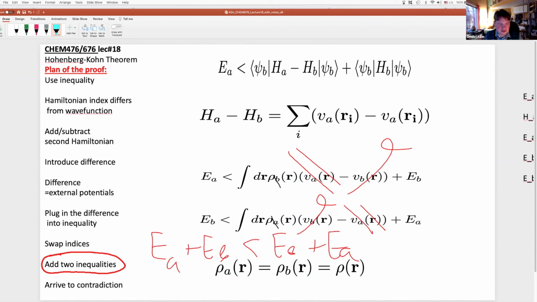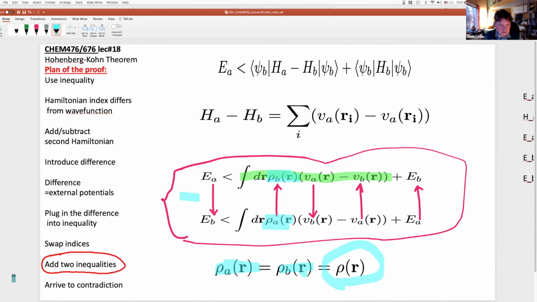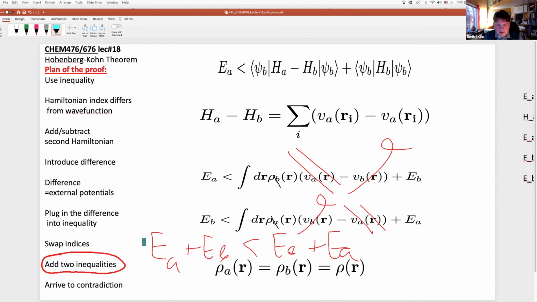If I carefully practice it, you see the terms in the middle, as soon as we replace rho A and rho B with the same rho, will become the same but with the opposite sign. So by subtracting them from each other, they will cancel.